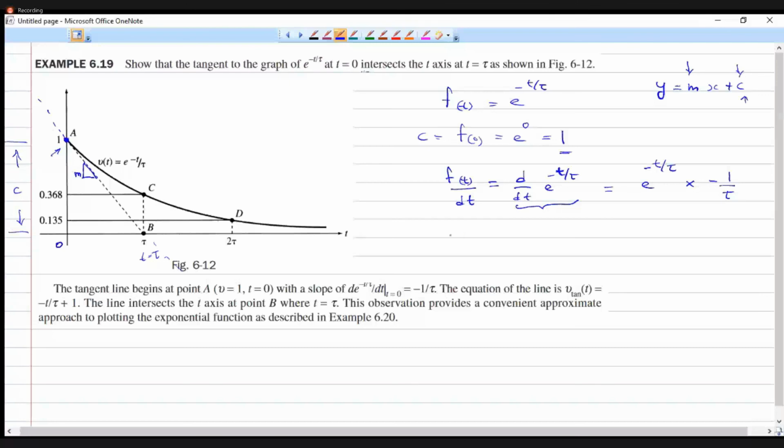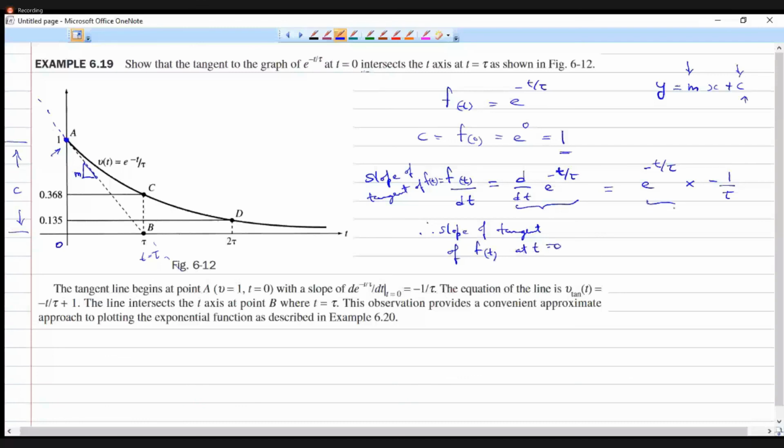Therefore, this is the slope of the tangent of f of t. We are interested in the slope of the tangent of f of t at t is equal to 0.